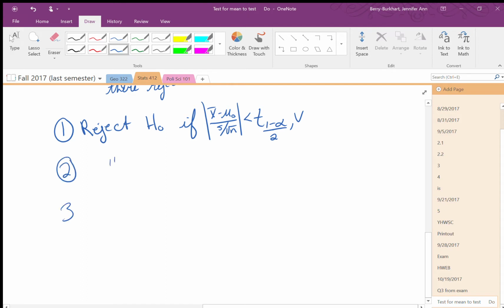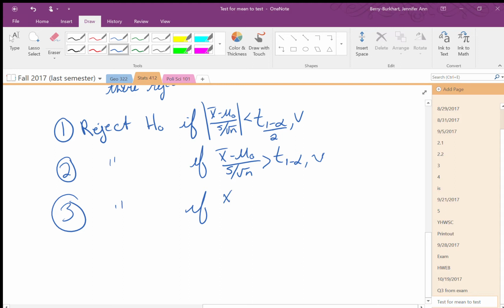Which implies that either x bar is greater than mu naught plus t 1 minus alpha over 2 nu s over the square root of n, or x bar is less than mu naught minus t 1 minus alpha over 2 nu s over the square root of n.